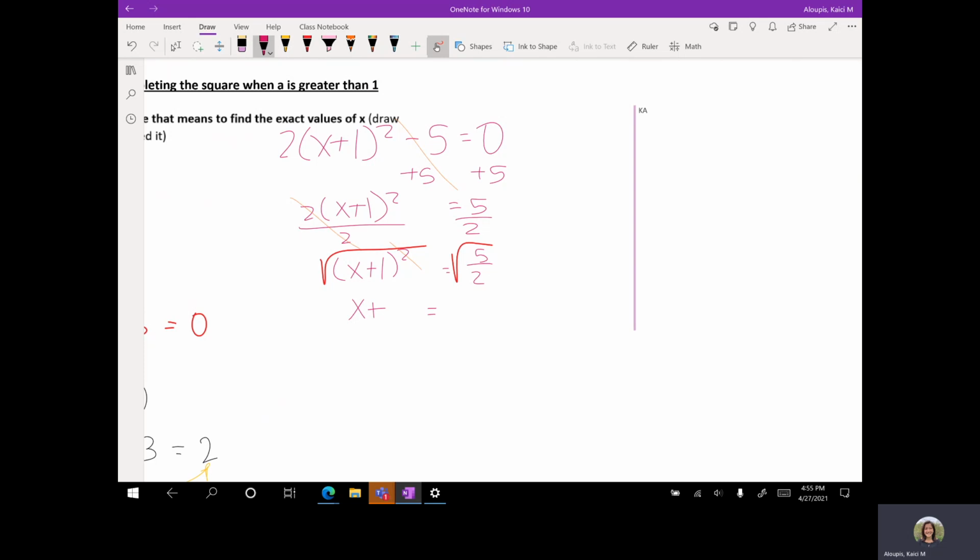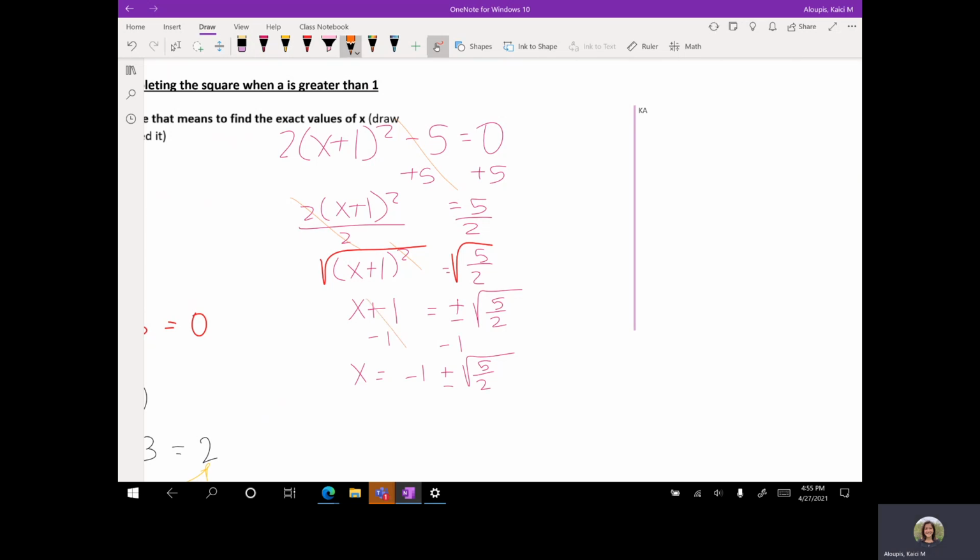That's allowed. So I'm going to leave it as plus or minus the square root of 5 over 2. So x plus 1 is equal to plus or minus the square root of 5 over 2. Last little bit is subtract 1 from both sides. So x is equal to negative 1 plus or minus the square root of 5 over 2.